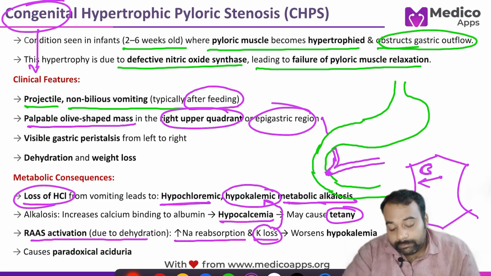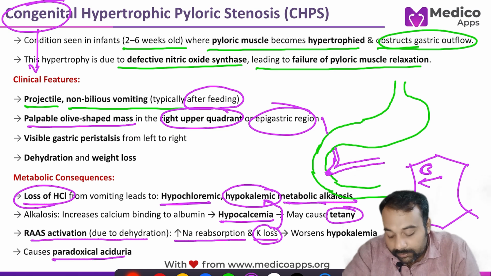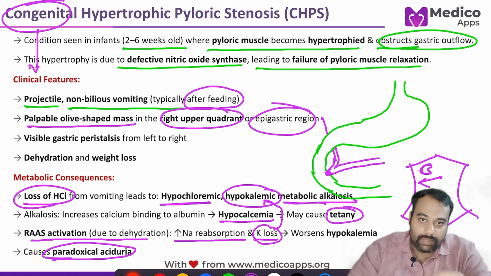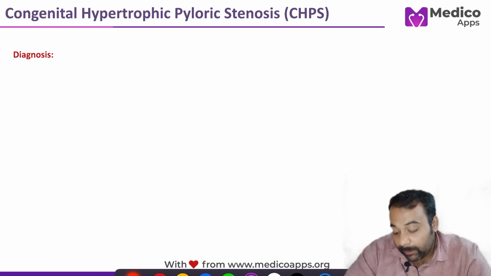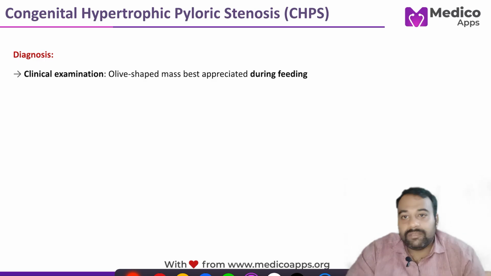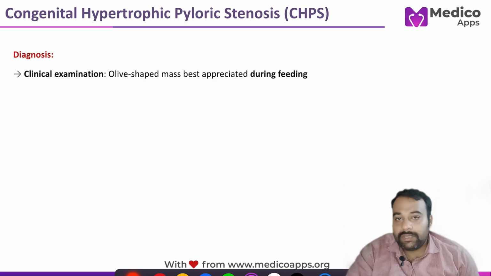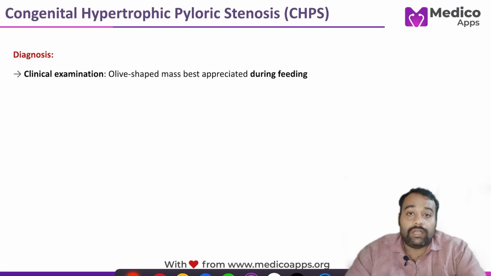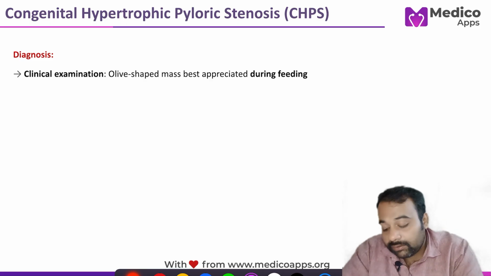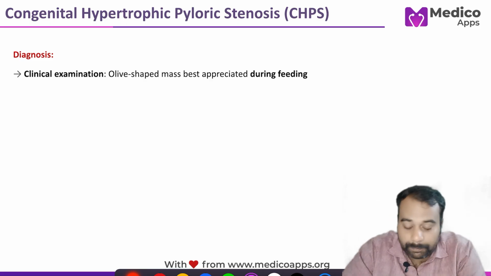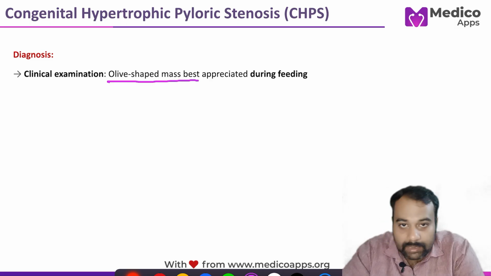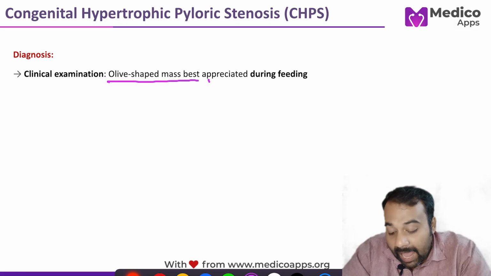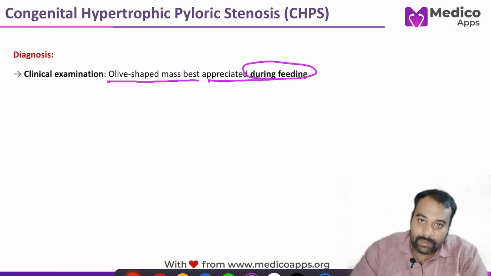As a result of that, the patient also presents with paradoxical aciduria. Okay, so how do we diagnose such patients? Clinical examination remains one of the cornerstones for diagnosis. The patient typically presents with an olive-shaped mass, which is best appreciated during feeding.